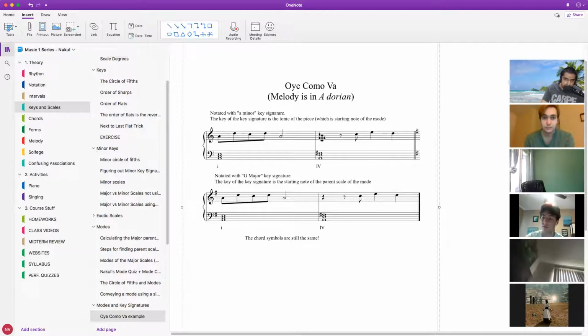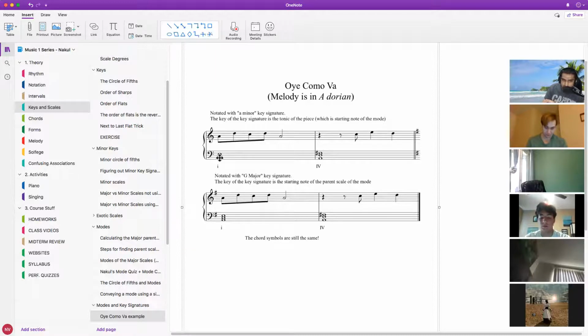We're actually referencing the Dorianness of this through the chord progression. It's not just one chord or one localized event that's characterizing this Dorianness. It's actually the fact that this entire chord progression is communicating this Dorianness.